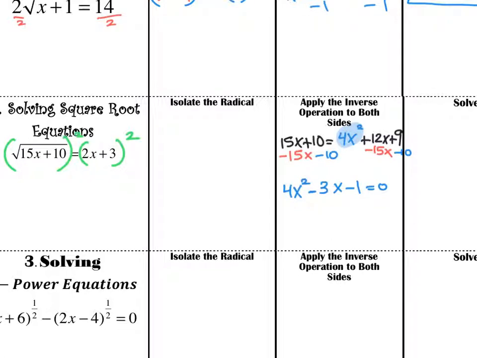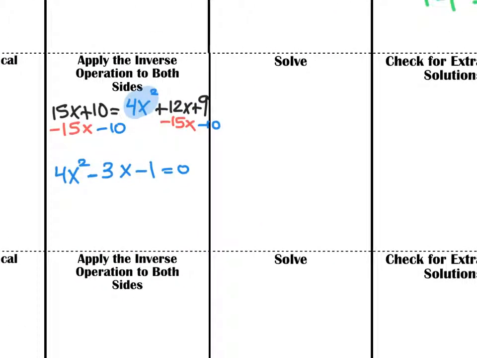So that's a quadratic equation that I need to solve. I can either factor it, and if it's not factorable, then I can use the quadratic formula. So let's try factoring it first. And if I cannot factor it, I use the quadratic formula to find the solutions.